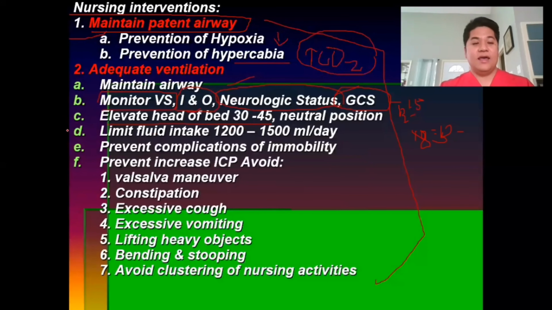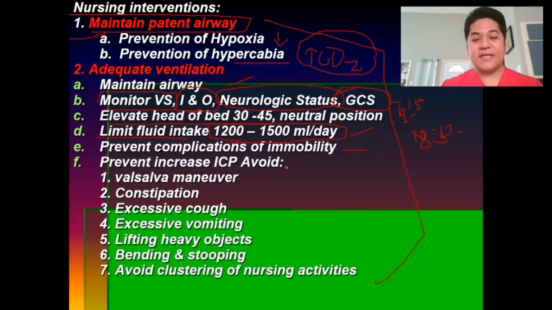Okay, limit fluid intake. It means limit, it does not mean avoid. We still need water, but 1,000 to 1,500 ml per day is important for the client. Prevent complications of immobility by turning the client every 2 hours, or you can do range of motion exercises for the client.